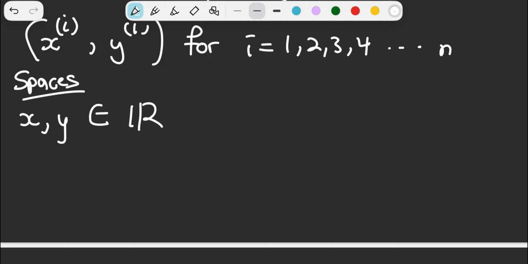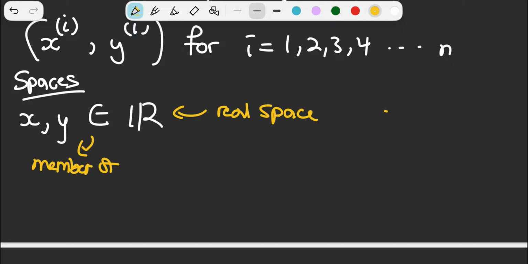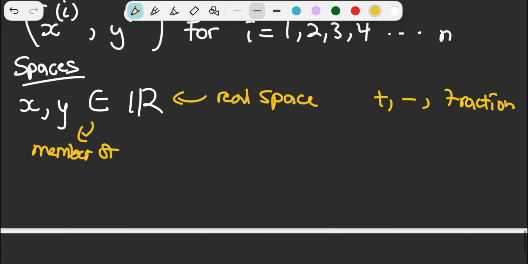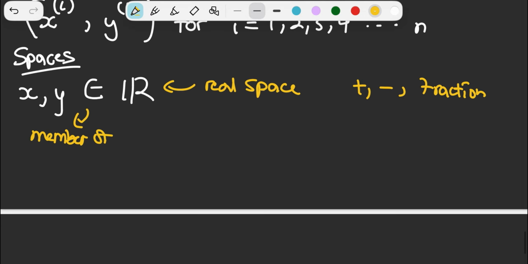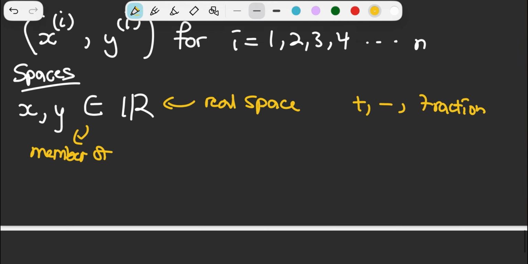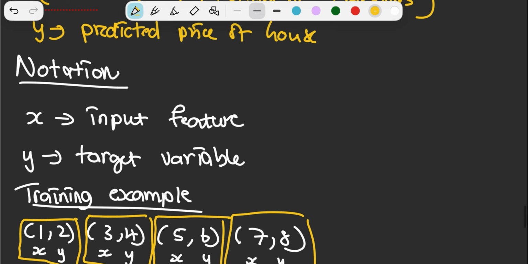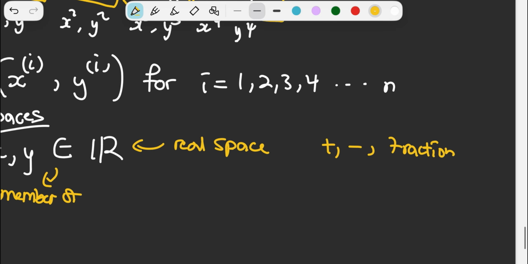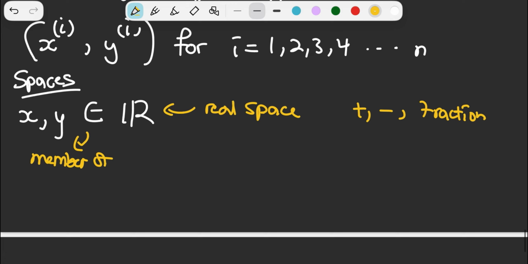So x can be a member of the real space, meaning that it can be positive, negative, fractions, anything that you want. So x and y can be members of the real space, where x is the input feature and y is basically the target variable, what you'll be getting out, right?